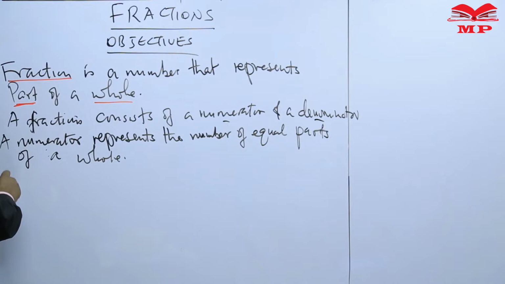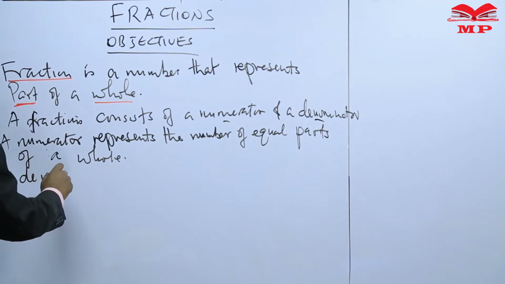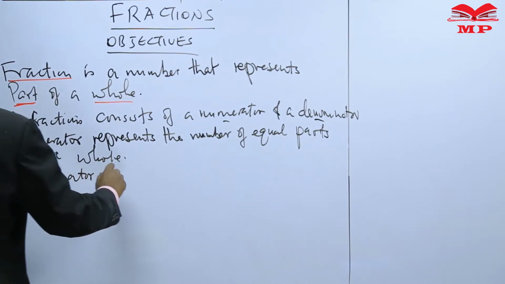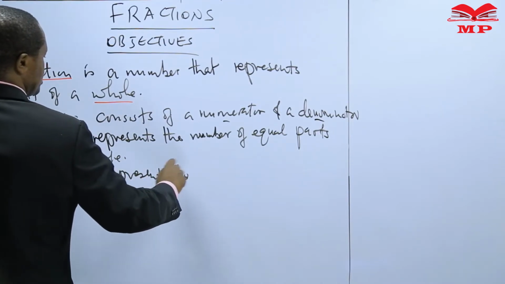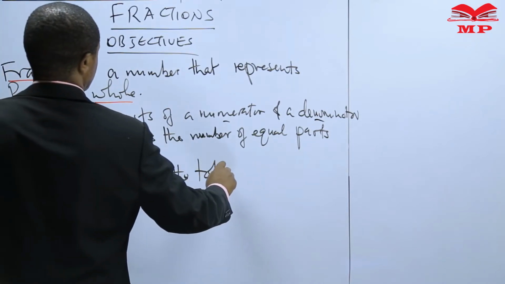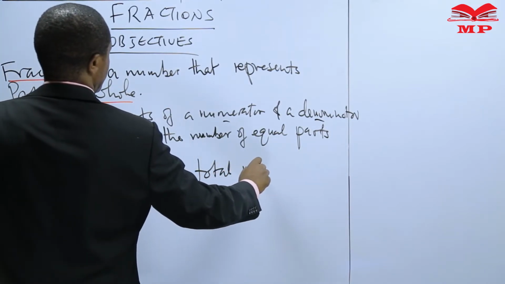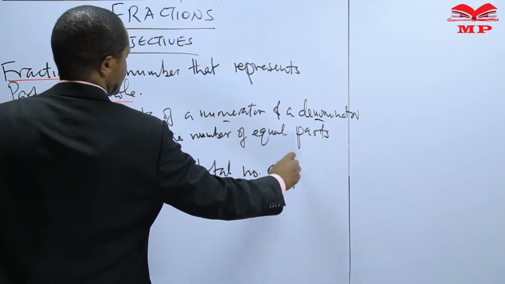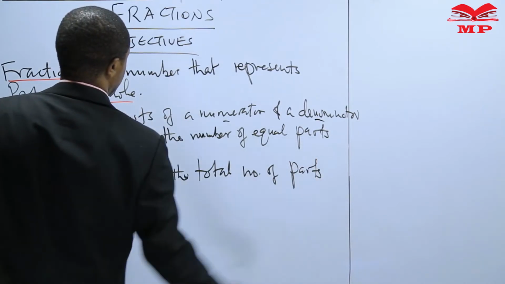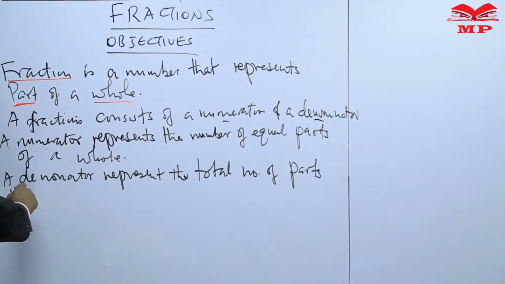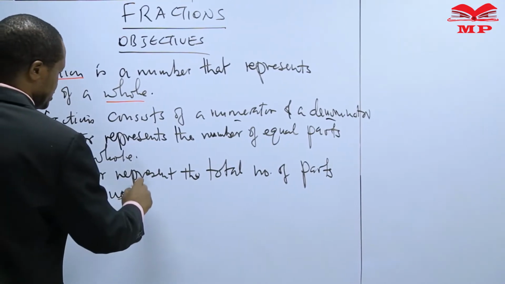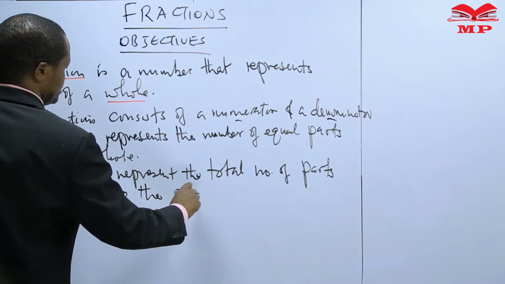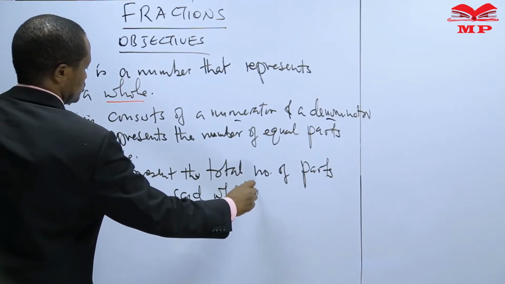Then a denominator represents the total number of parts that make up the said whole.